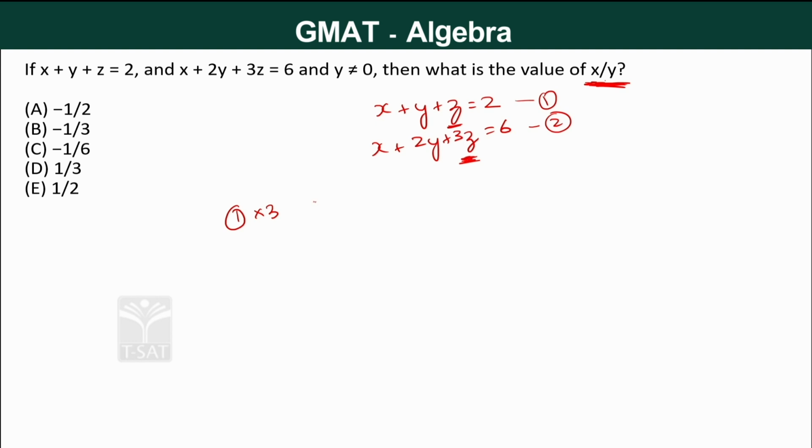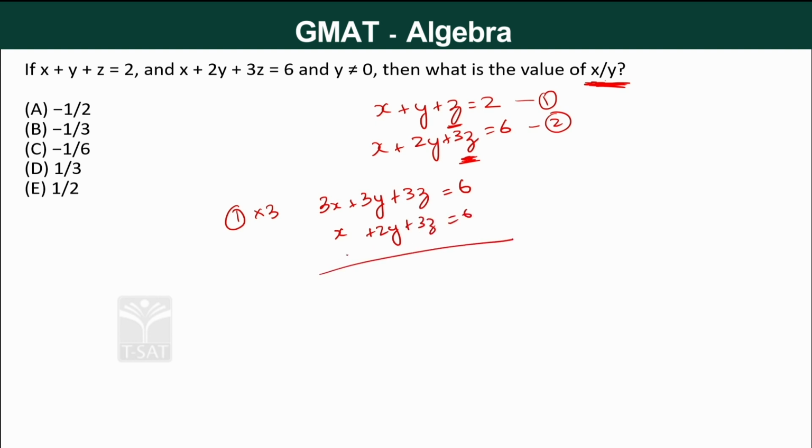If we can bring this also to 3z, we can easily subtract and solve for the relation between x and y. So multiplying the first equation by 3 on both sides, you get 3x plus 3y plus 3z is equal to 6. The second equation we leave as it is, x plus 2y plus 3z is equal to 6.